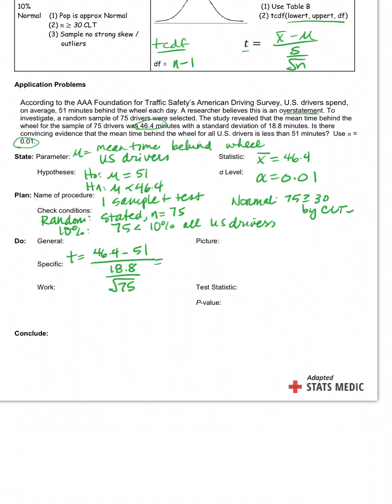I use the stats mode on this one because all I have to do is enter my mean and my standard deviation and my sample size. And I get a t-statistic of negative 2.119. So visually, we're talking down here. And the p-value comes out to be 0.0187.